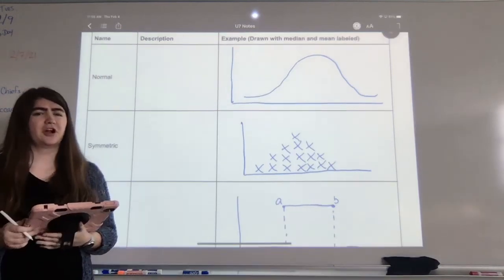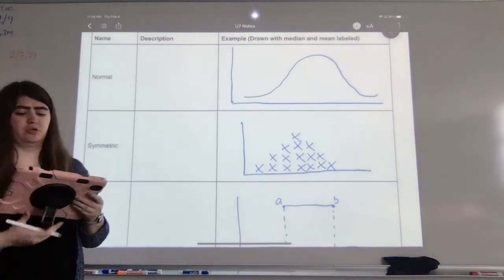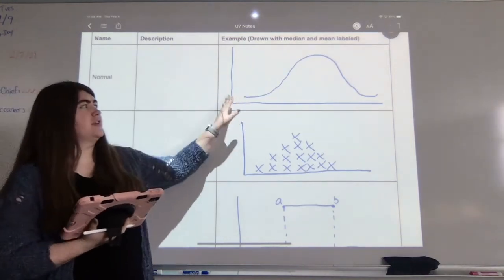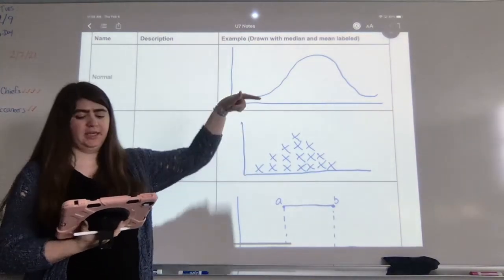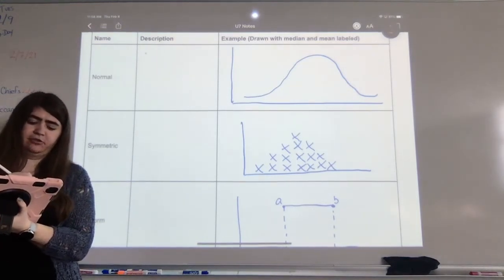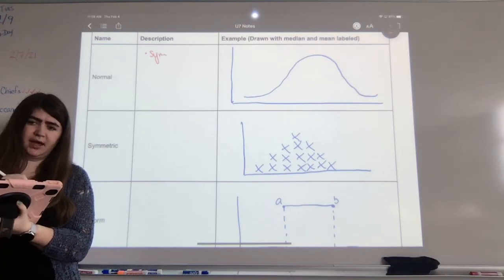distribution. Starting with the normal distribution, a normal distribution looks like this. We call this a bell curve. It looks like a hill, and we describe this as being symmetric, so it is going to be equal on both sides of the hill. Symmetric.